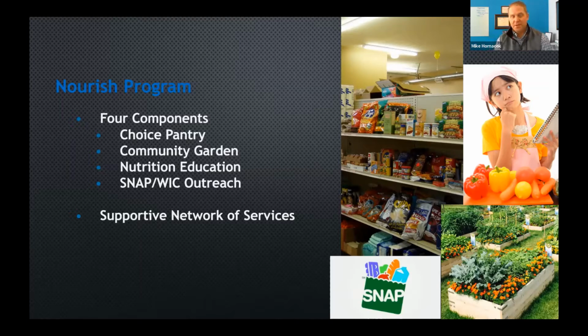In addition to the pantry, we have a pretty sizable community garden footprint that really helps us focus on nutrition and making sure that the food that we're handing out is focused on produce, dairy, and protein, and we're not just distributing items that are canned goods, for example.